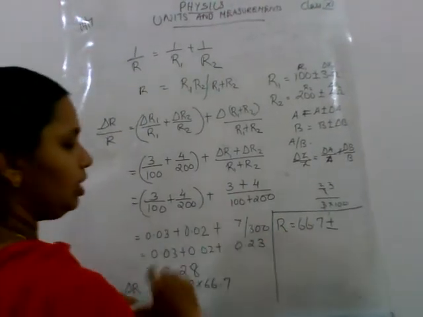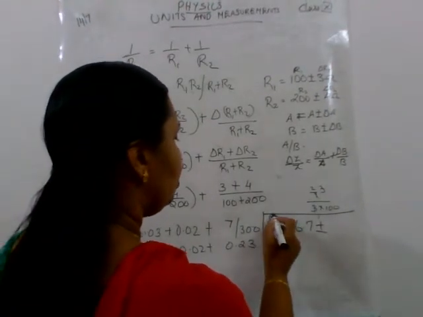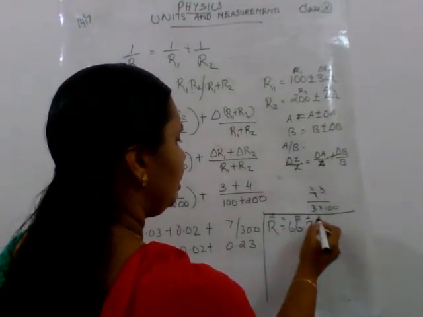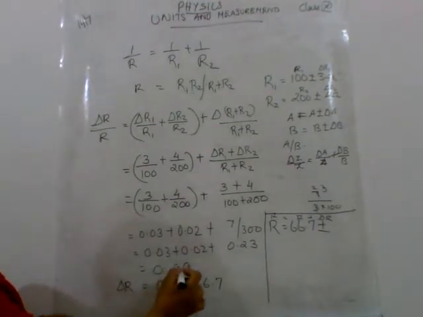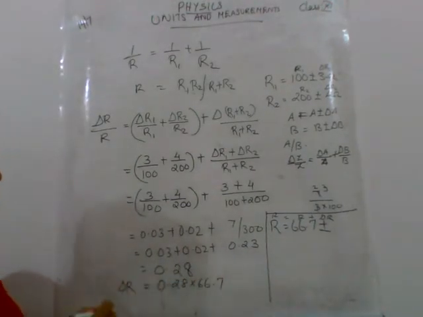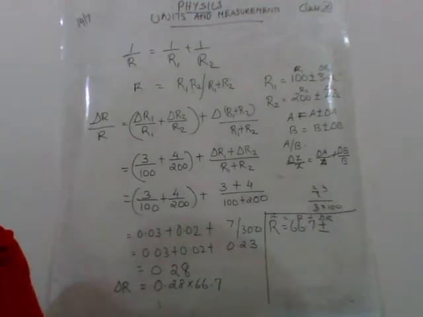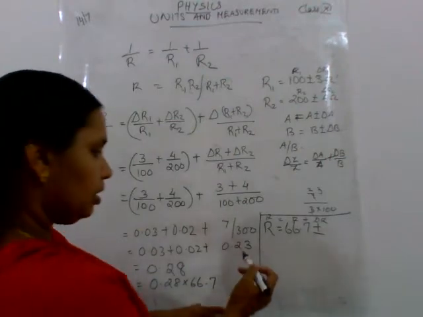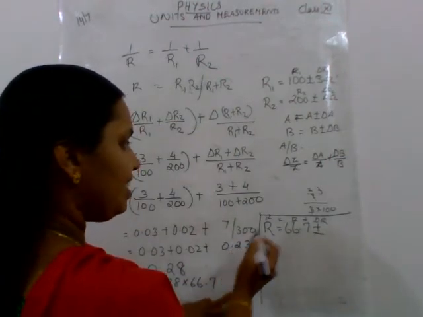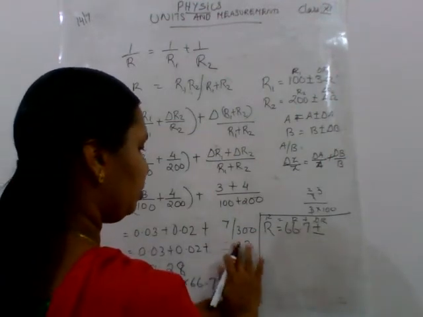So in the equation, R is equal to R plus delta R. We have to find out delta R, so this into R gives delta R. See, a slight mistake is there: it is 0.02, not 0.2.